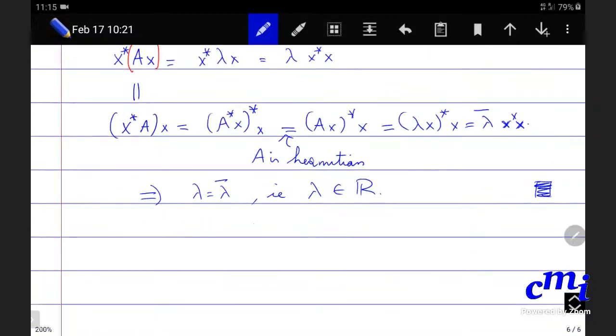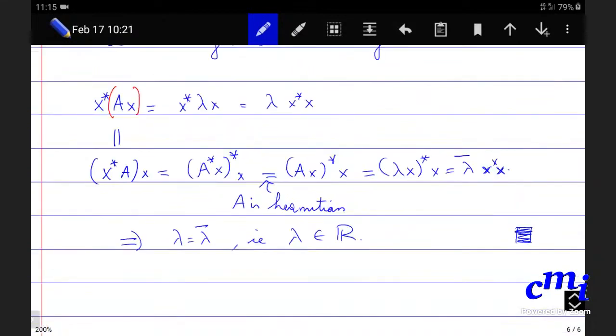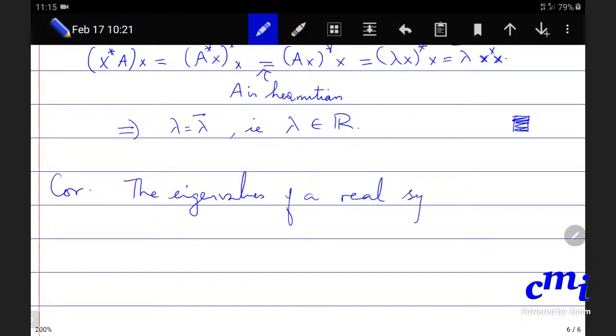So this is an important property of Hermitian matrices, and from this we see a corollary: the eigenvalues of a real symmetric matrix are real.